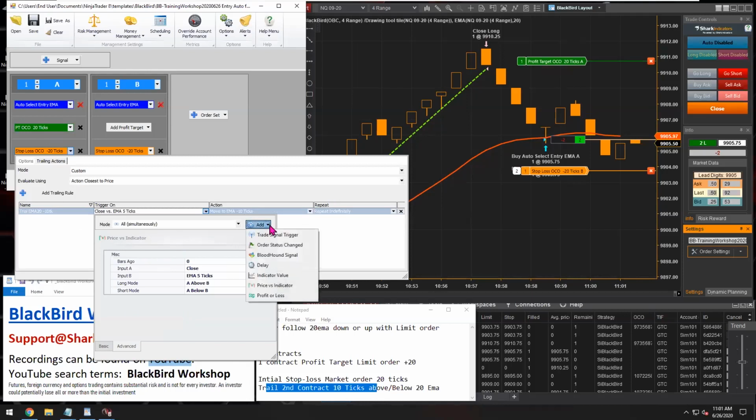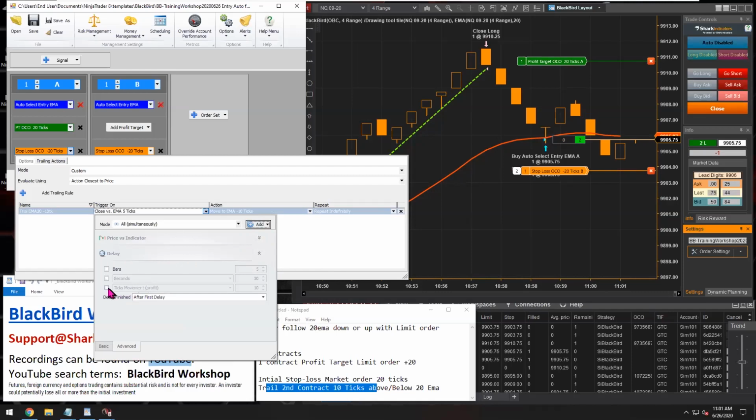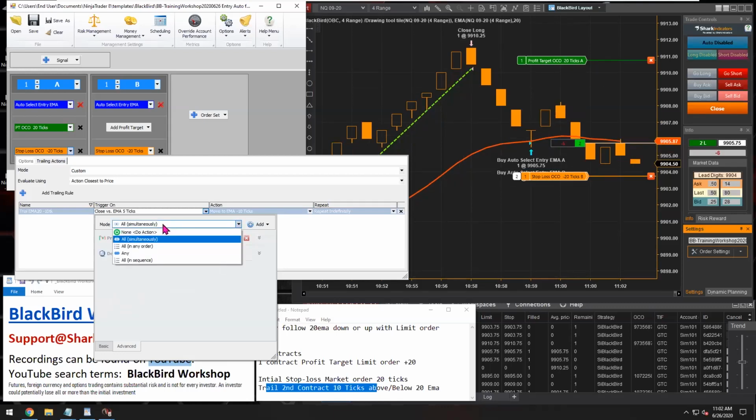We would have a delay, waiting for 10 ticks of profit, and then you can kick in the trailing. And then we also have this other condition, waiting for the closing price of the bar to be at least 5 ticks away from that EMA as well. The mode would be any, I believe.